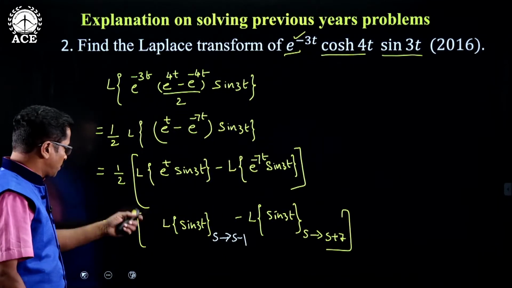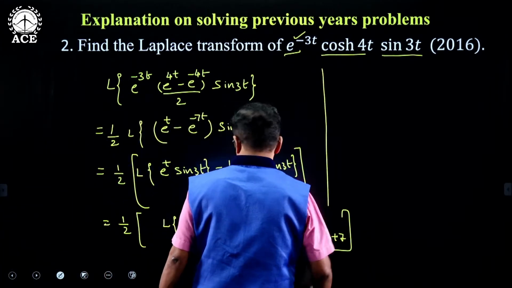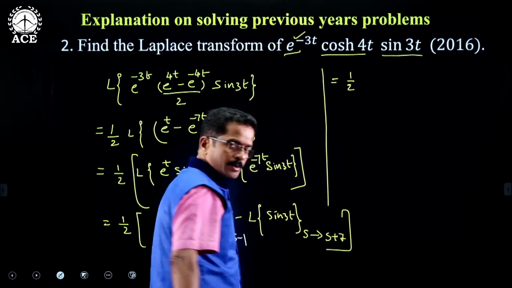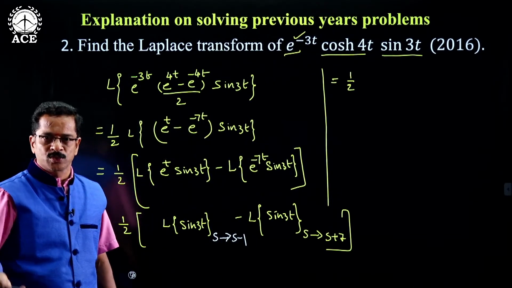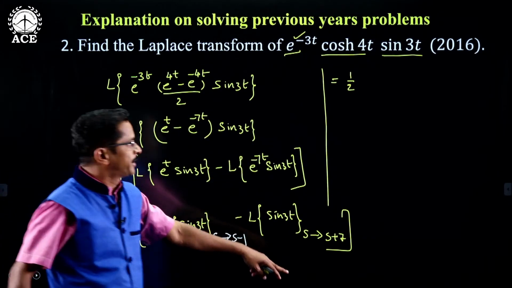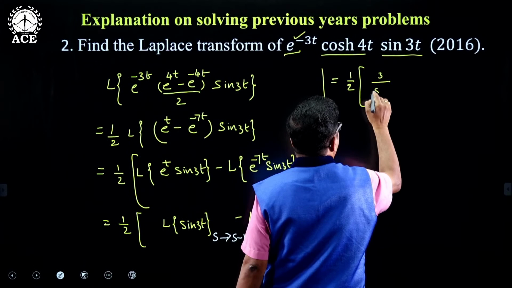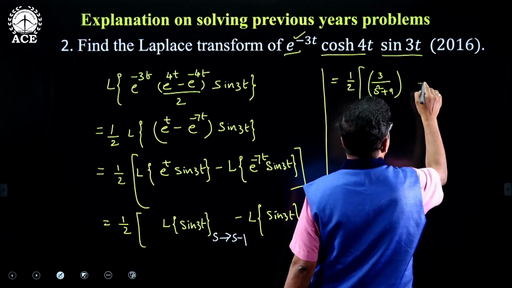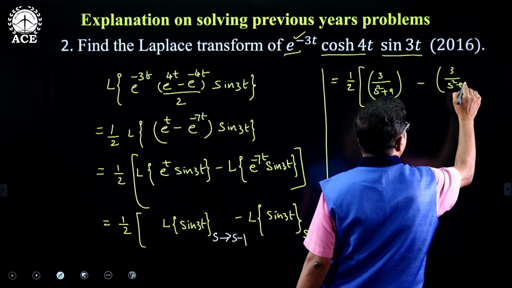Right? Now you shift that s into s minus 1 on applying Laplace transform. 1 by 2, L of sin 3t. L of sin at is a by s square plus a square. In the place of a we have 3. So 3 by s square plus 9 that I am writing, 3 by s square plus 9 minus 3 by s square plus 9.